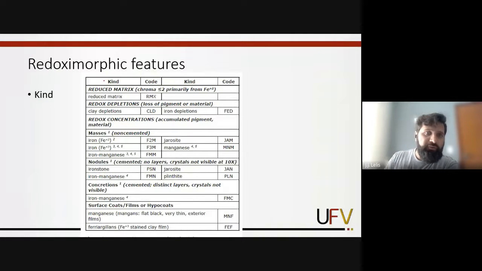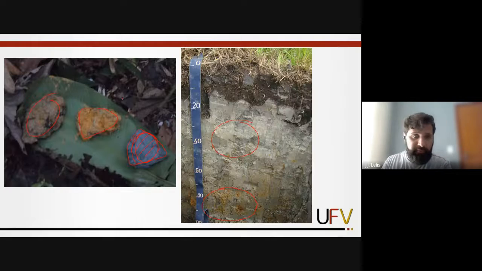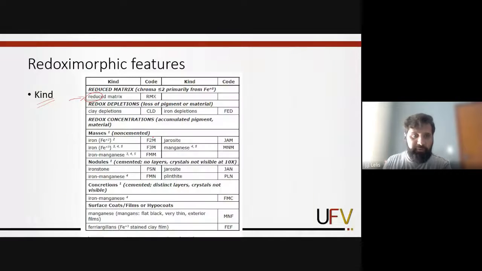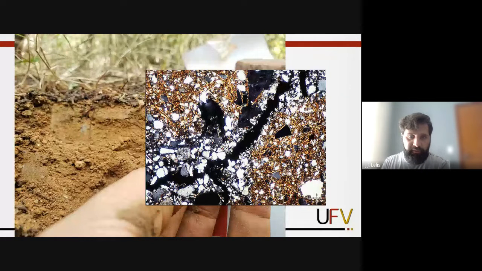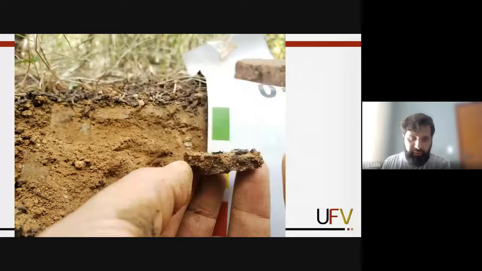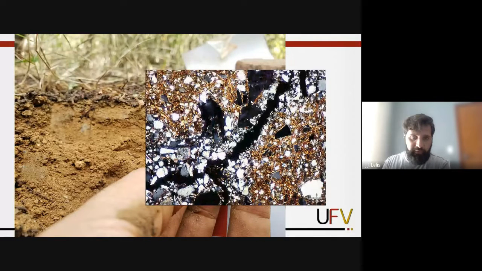The redoximorphic features should be described according to kind. So which kind of feature could we describe in the field? We can describe the reduced matrix like this. This is a reduced matrix. We can see the clay depletions like this picture. We can see this in the field or this in a microscope.